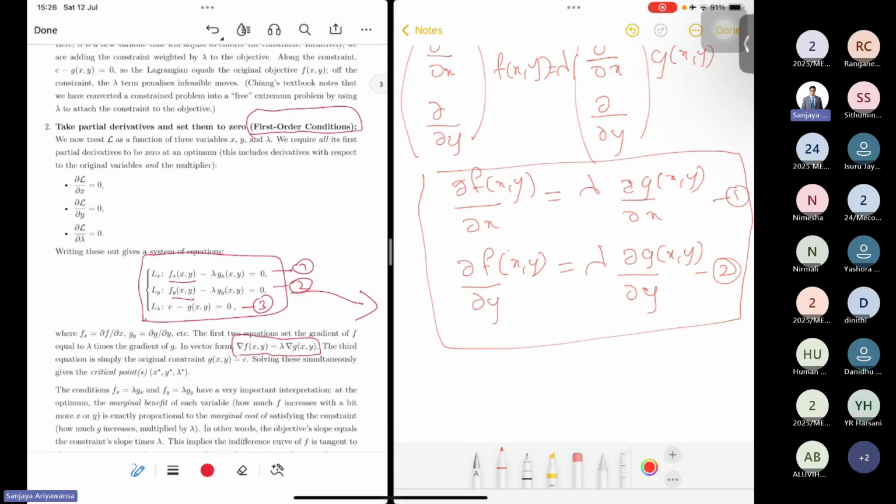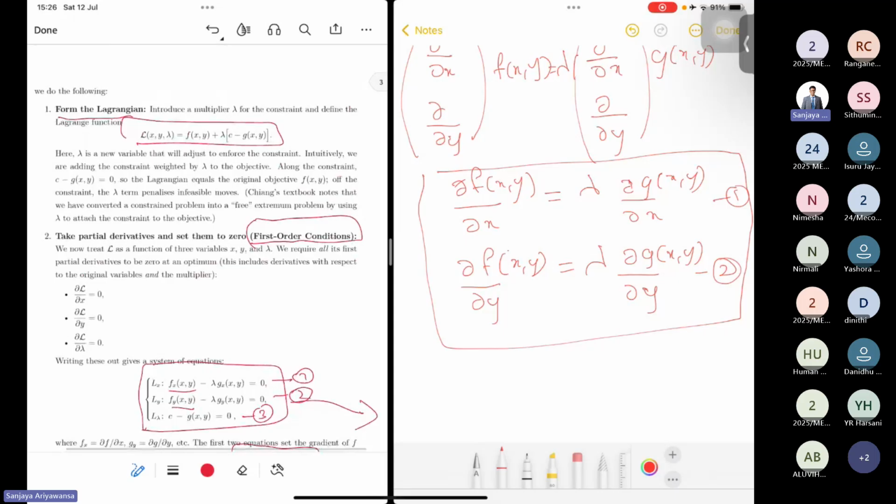So that's step number 2. What did we do in step number 1? In step number 1 we formed the Lagrangian, which has the objective function component, right? And your constraint function component, and you have this Lagrangian multiplier. So that's 3 components.